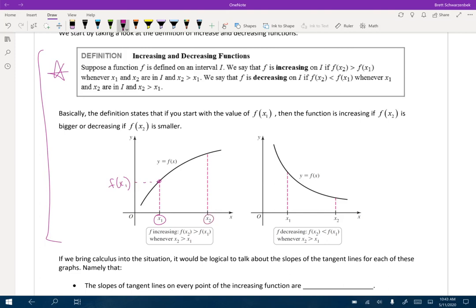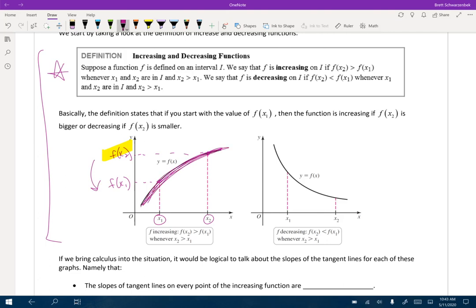Then you take your second x-coordinate and find its y-coordinate. And of course, if this is larger than this, then the function must be increasing. Okay, it's super simple.